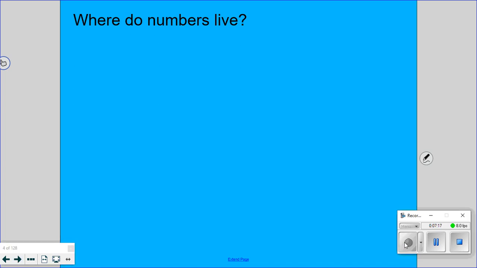Where do numbers live? Do we have any ideas of where numbers live? Ariana? Sure. Jalen? In our pencil thing. Maybe. Our numbers live in... Evelyn?